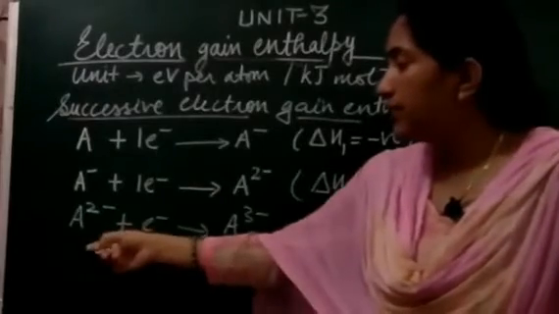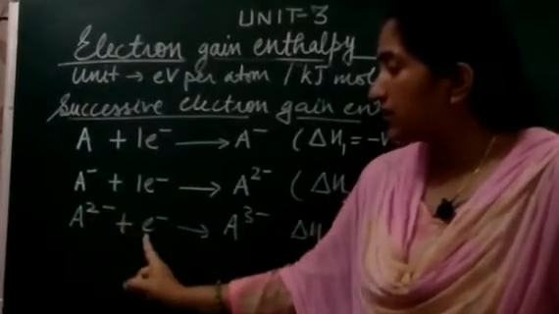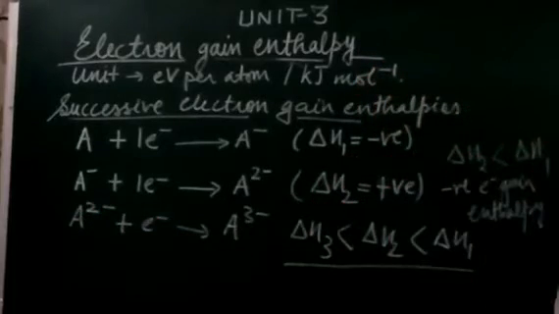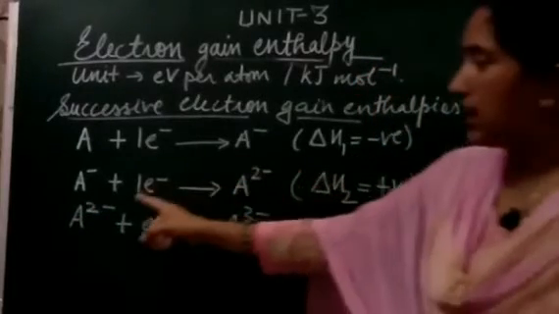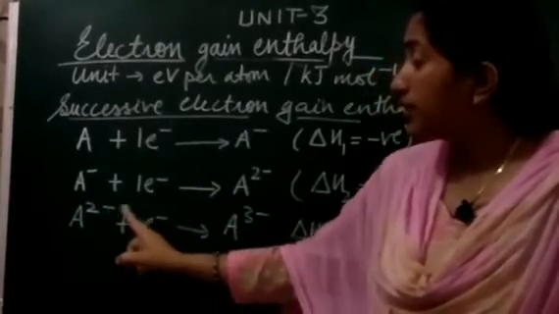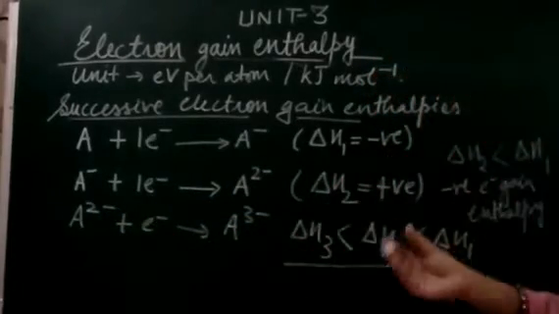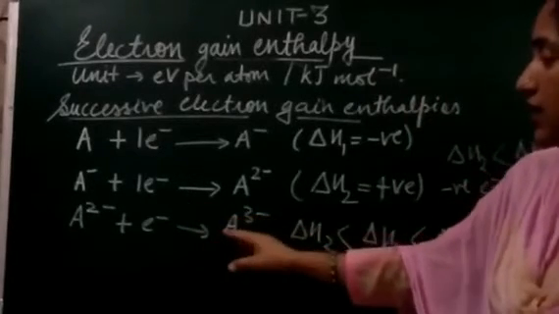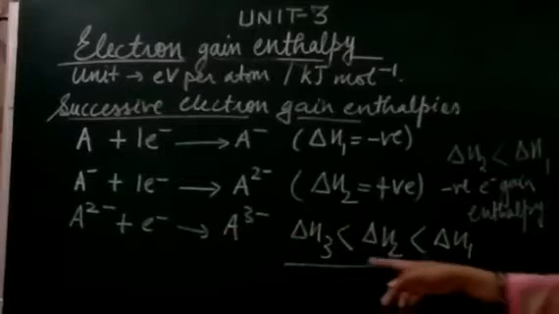Similarly, in the third case, when the third electron is added, the magnitude of the negative charge on that atom is more. Therefore, more repulsive forces will be there and more energy has to be supplied to get that electron added. So it will have a more positive electron gain enthalpy.